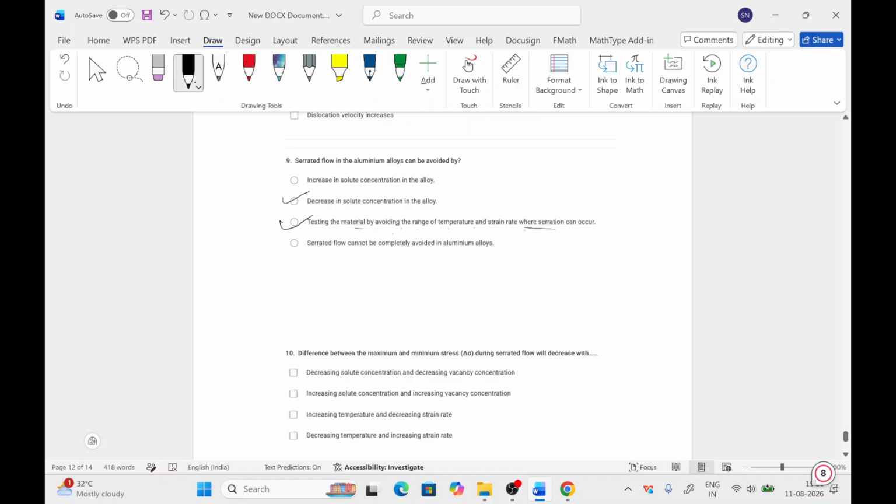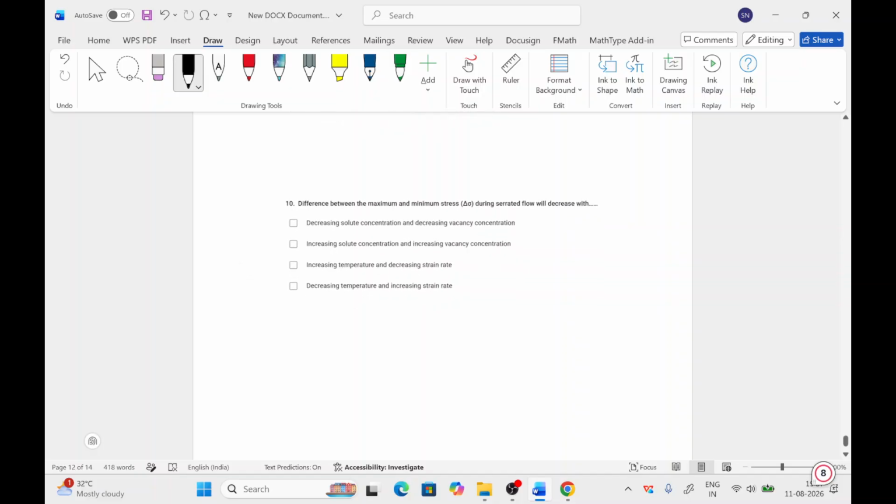So third option is also correct. Serrated flow cannot be completely avoided in aluminum alloys. No, this is not correct. Means we can avoid the serration in the aluminum magnesium alloy by avoiding that temperature and strain rate region.